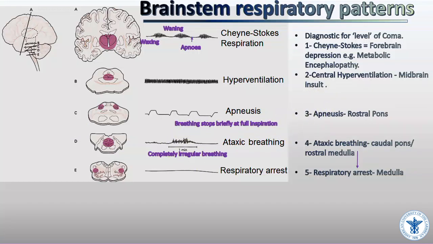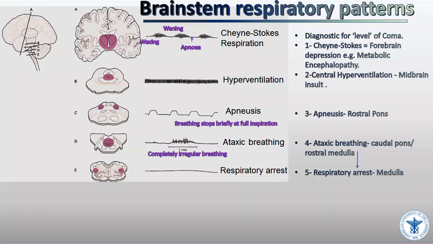Now, apnea is a condition that you use clinically when you say the ventilator or the respirator is giving you an apnea alarm. That means the patient's not taking a breath, but this isn't the same thing. This is apneusis, a little different, where a patient's breathing and the breathing stops at full inspiration. So he takes a deep breath and then it stops there.